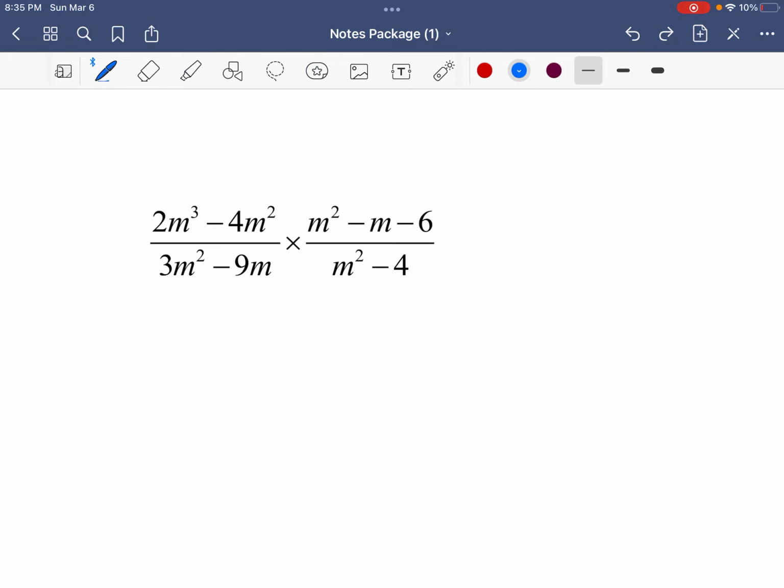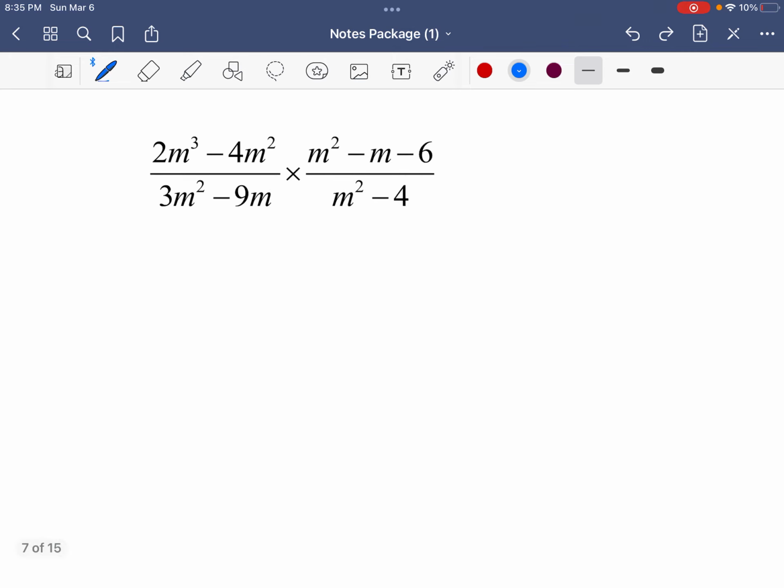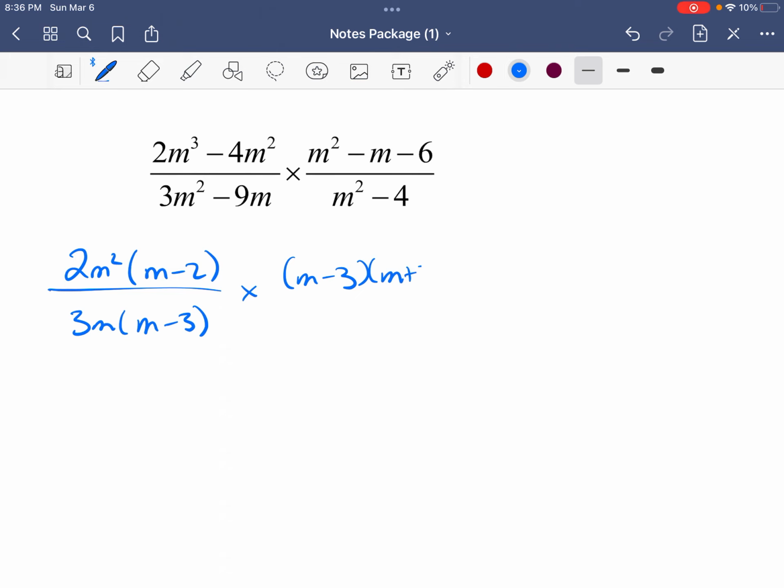Okay, factoring the numerator to start, we get 2m squared and m minus 2, and we get 3m, m minus 3, and we're going to multiply this by m minus 3, m plus 2, and m plus 2, m minus 2.